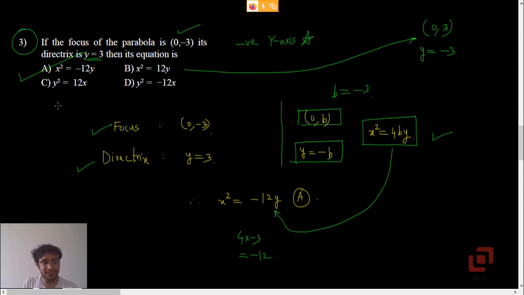In option C, the focus is at (3, 0) on the positive x-axis, and the directrix is x equal to -3, or x plus 3 equal to 0. For option D, the focus is at the point (-3, 0), and the directrix is x equal to +3, or x minus 3 equal to 0. So that is question 3. Let's go to question 4 now.